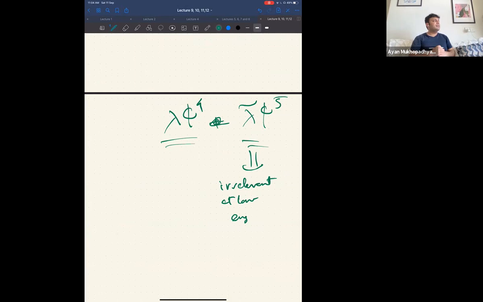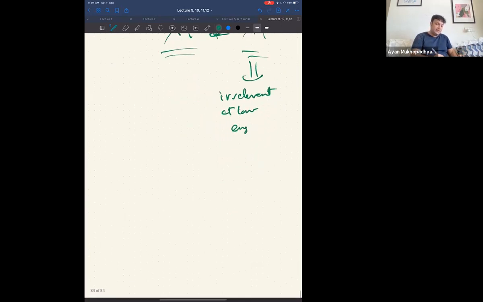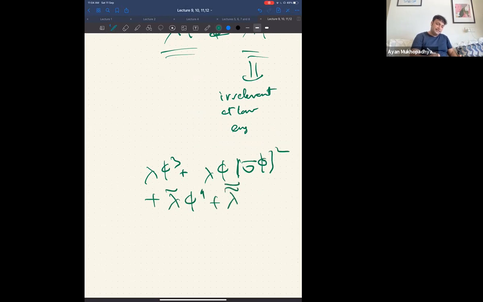It simply tells you that, so now the question is why quantum field theory is predictive. In quantum field theory, if I write this, I will have a lambda phi cube term plus a lambda phi grad phi square term, plus some lambda tilde phi to the power 4 term, plus lambda tilde tilde, some phi square grad phi square term, and so on and so forth.